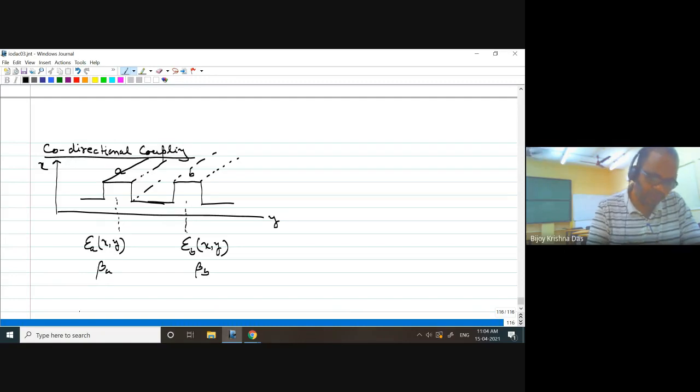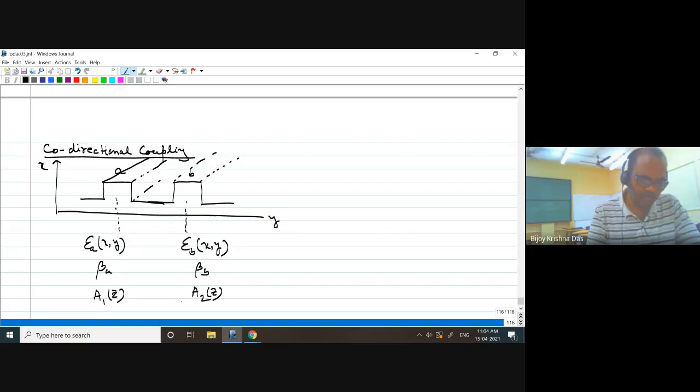Yeah, fine. So these are the two things, and if waveguide B is considered as a perturbation of waveguide A and vice versa, then we can say that waveguide A will have a z-dependent amplitude variation, A1(z), and waveguide B will have A2(z), z-dependent variations.